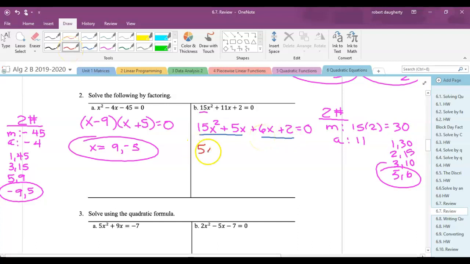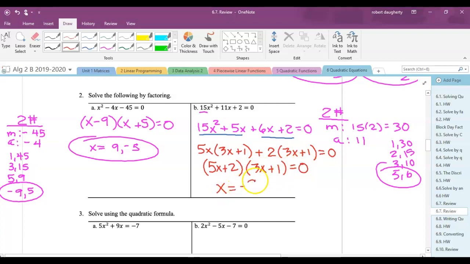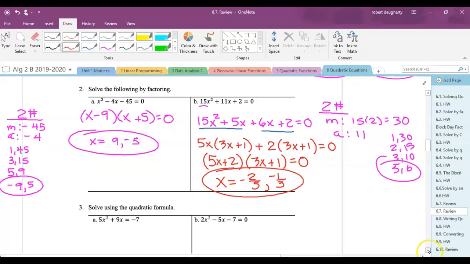It looks like a 5x, and I'm left with 3x plus 1, plus, if I factor a 2, 3x plus 1 equals 0. This tells me 5x plus 2 times 3x plus 1 equals 0. Set each of those equal to 0. X is negative 2 over 5 or negative 1 over 3. Those are your two solutions to that quadratic equation.